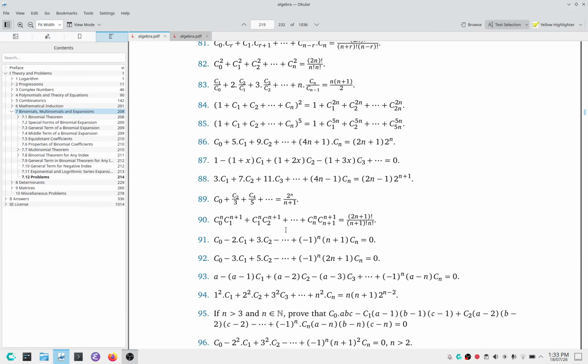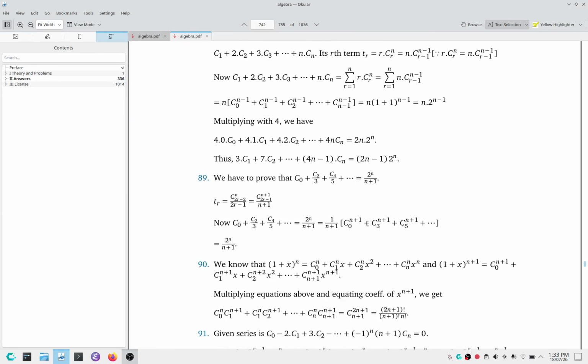Question 90 says that we have to prove that nC0 times n plus 1 C1 plus nC1 times n plus 1 C2 up to nCn times n plus 1 C n plus 1 is equal to (2n plus 1) factorial upon (n plus 1) factorial times n factorial.